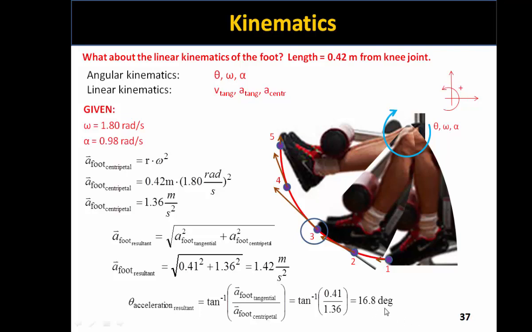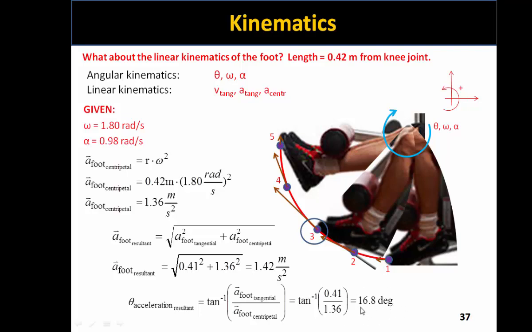Now, it's 16.8 degrees because my calculator was set on degree units. Your calculator may also be set on degree units, but you can also set it to radian units as well. So for solving a problem like this, when you get to the final answer, if you wish to keep it in radian units because your calculator was set to that, that's perfectly acceptable.